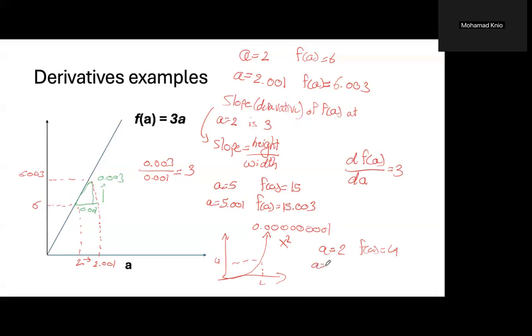And if a is 2.001, f of a would be, just give me a second, let me get a calculator for this. It would be 4.004001.